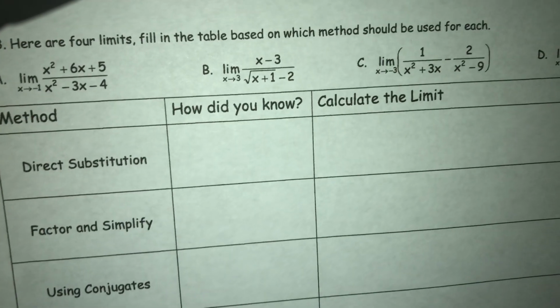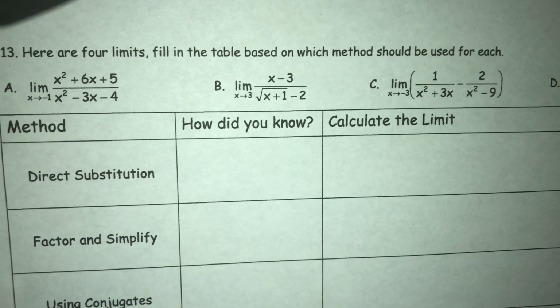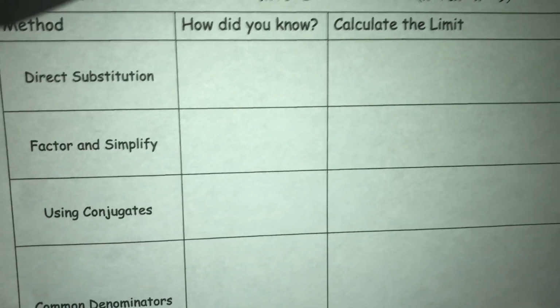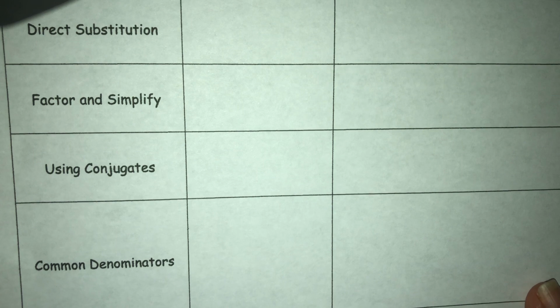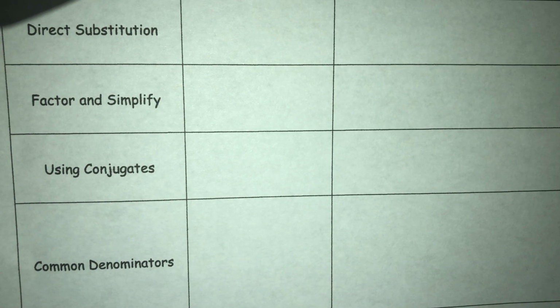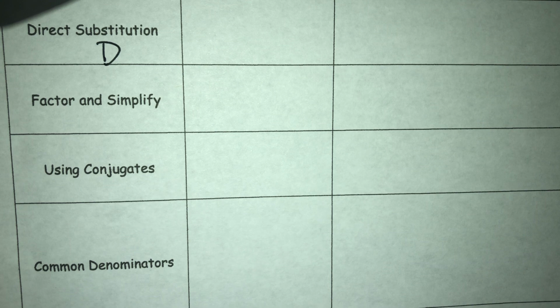Okay, hopefully you're coming back after having paused it, and I can go through these with you. So, which problem, A, B, C, or D, was the direct substitution problem? It was D. And how do you know?